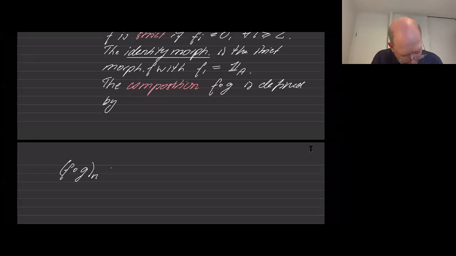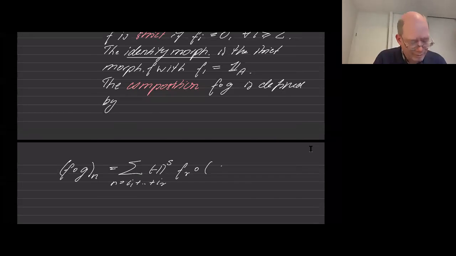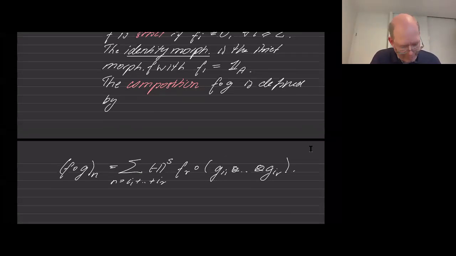We take the same sign as before, and again we take the sum over all decompositions of n, and we compose Fr with Gi1 up to Gir. Okay, so we get a nice category.